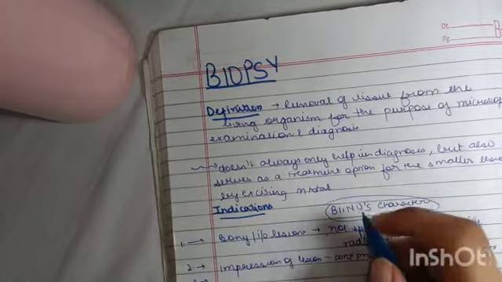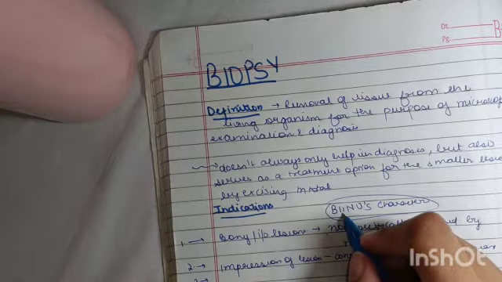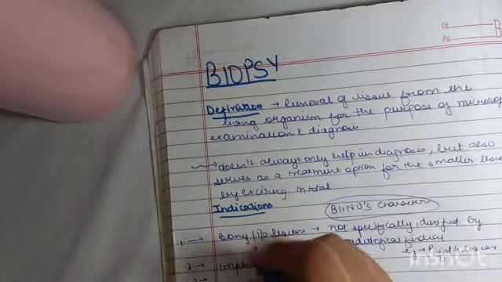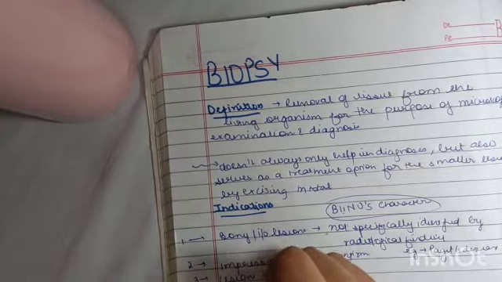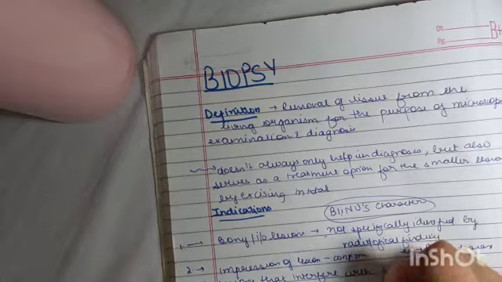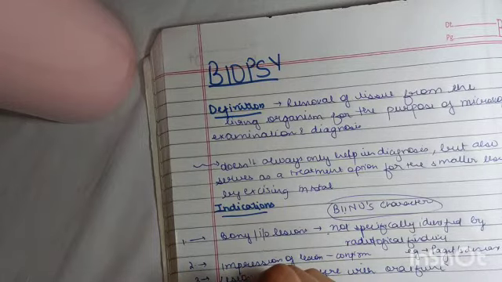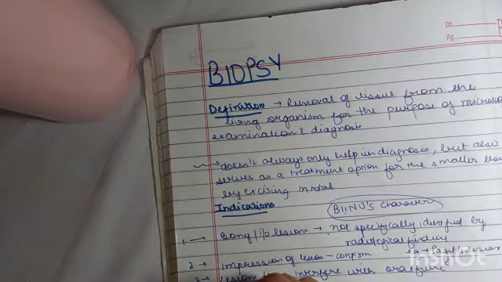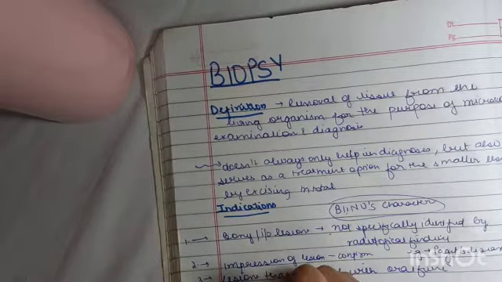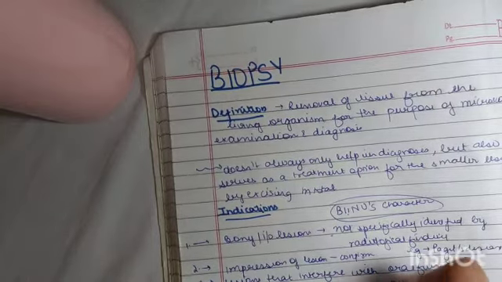Now by another I, I want you to remember the impression of lesion. Then we can talk about another I: the lesions that interfere with oral function. Then by N, you can remember the nature of abnormal tissue that is removed.